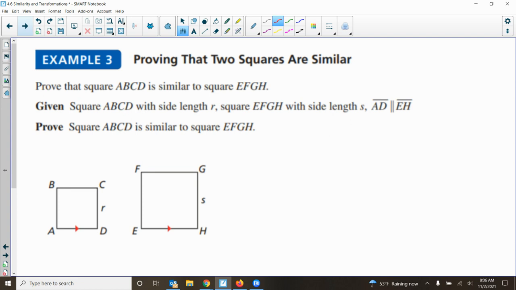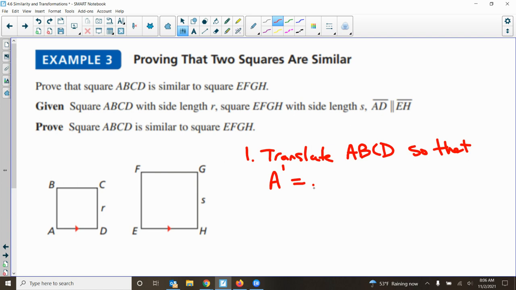My recommendation to you first is translate ABCD so that A prime is now point E. What I'm saying is I want you to pick up this object and move it so that it looks like this.